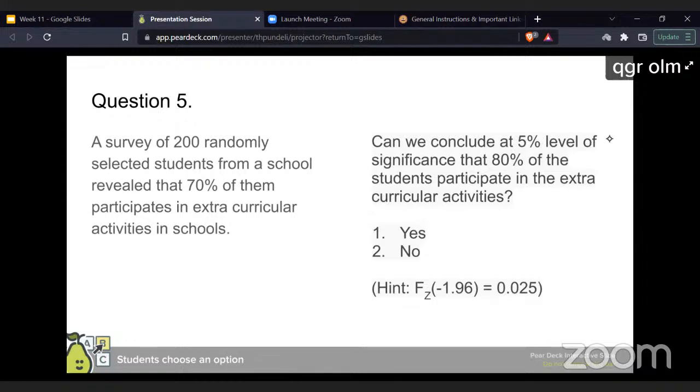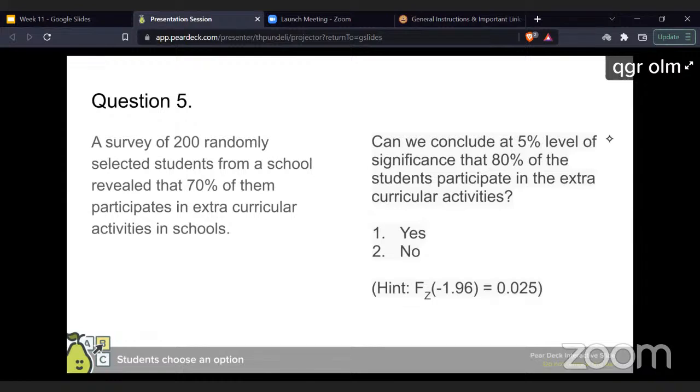So this is an observed value, right? And the question asks, can we conclude that 80% of students participate? So basically we want to check whether this proportion is 0.8 or not 0.8. So 80% is the claim that we want to verify.